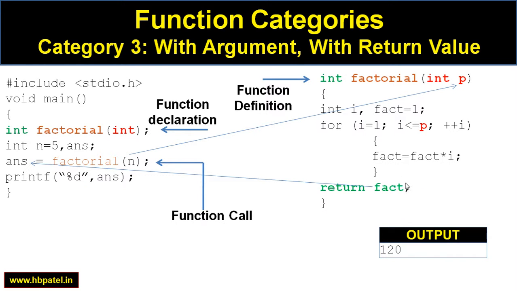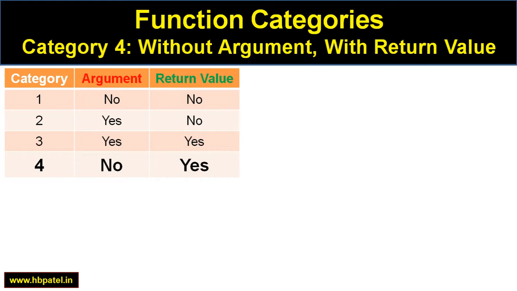So this is my third category wherein I provide input or argument and I also get output or a return value. So function with argument, function with return value. And the last category is function without argument but with return value. In this last category, I do not pass anything as argument, but I do return something from the function.